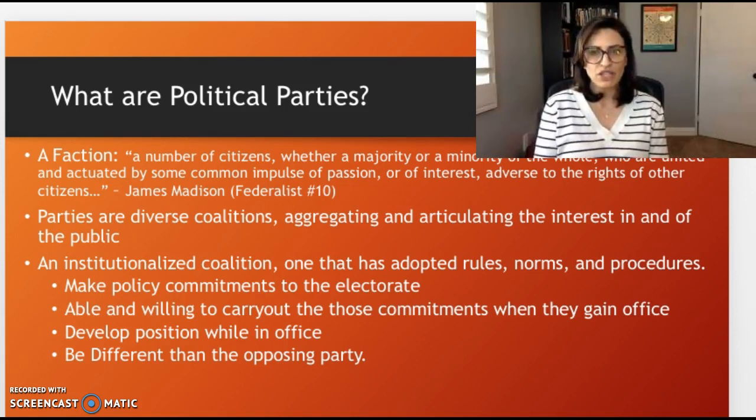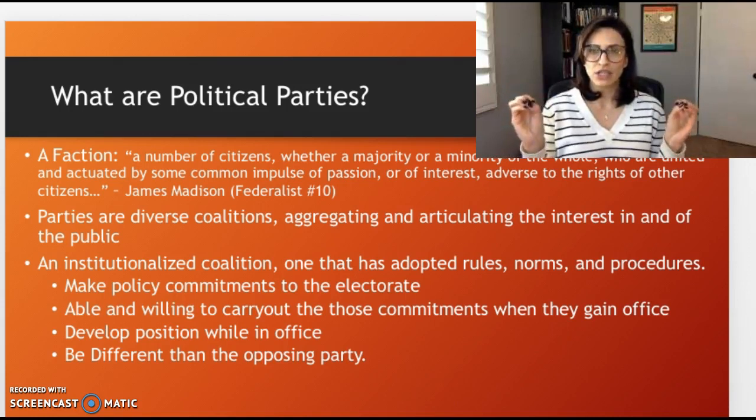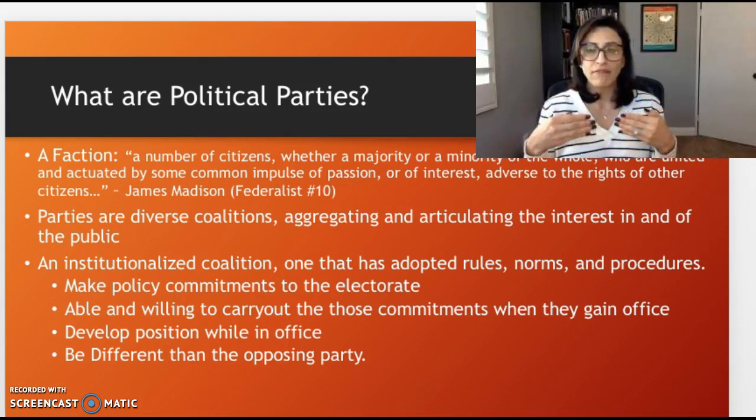But if you read this definition here, I think it defines a political party: actuated by some common impulse or passion or interest adverse to the rights of other citizens. He's talking about two groups really fighting against each other, in tension with one another, and competing for positionality and power. Well, by that very definition, you could identify the Republican and the Democrat Party.